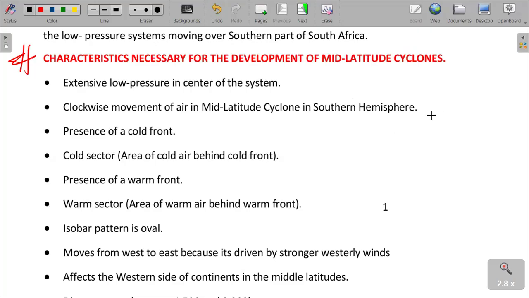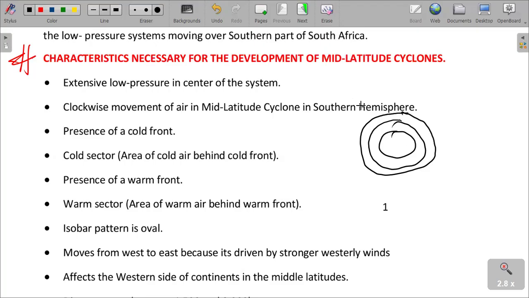But one key area that I want to demonstrate now is the issue of the isobars here, so that you can relate and see what I want you to look at.